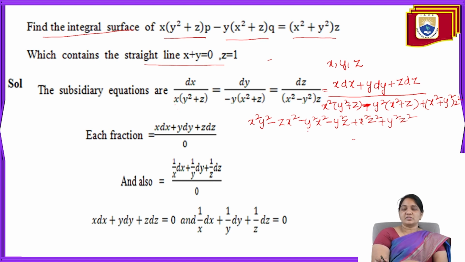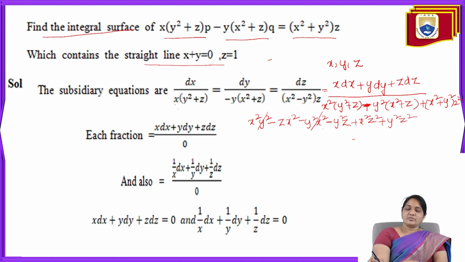So x square y square. Next z into x square. Here x square z is there. x square y square, plus into minus minus y square z. So here I got x square z square plus y square z square. So now I am taking here x square will be cancelled. Next here x square z square.